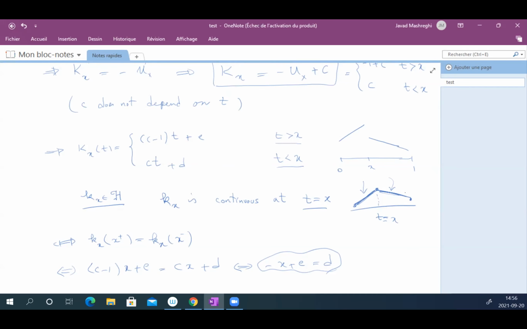So what were our conditions for being in H? The derivative being in L2, that's one thing, being continuous and equal to 0 at the endpoints. All of them are satisfied now. Do you agree?